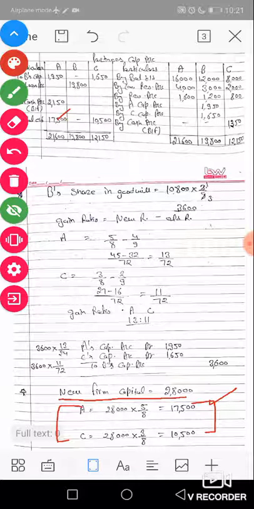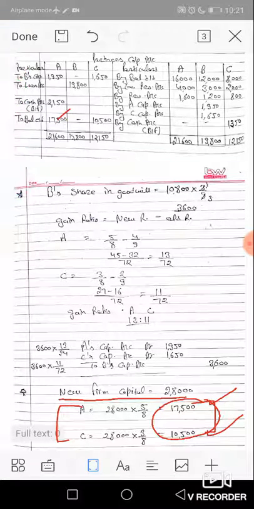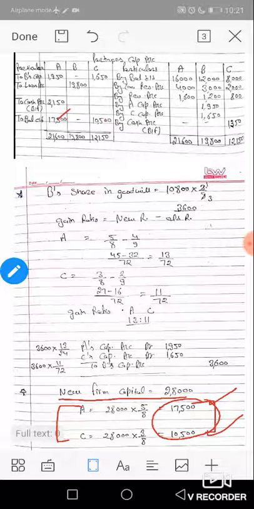In case of C, 28,000 into 3 upon 8 is 10,500. These are balancing figures, not balance c/d. These are balance c/d: the closing capital, which is given in the numerical as 28,000, divided between A and C in their new profit sharing ratio, and these balances are known as balance c/d of A and C.